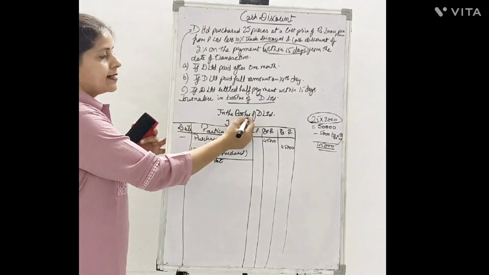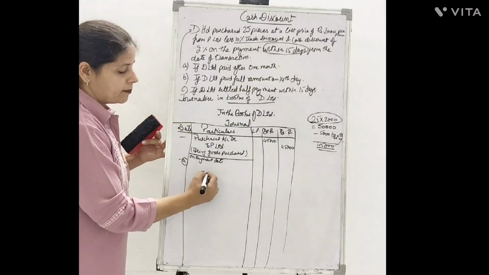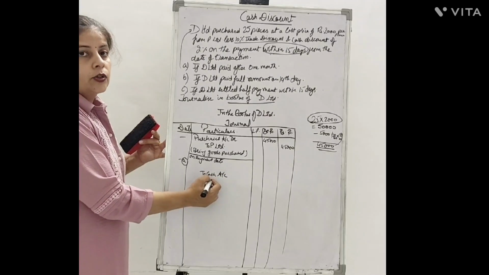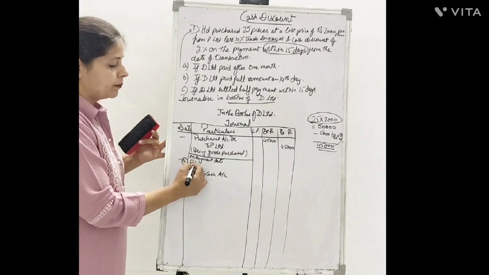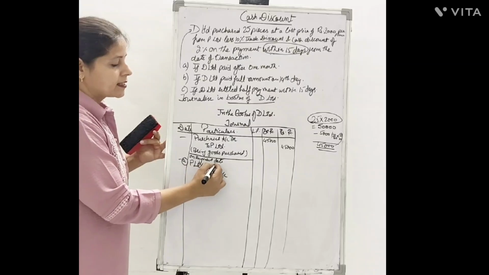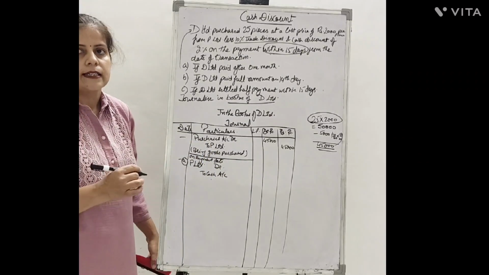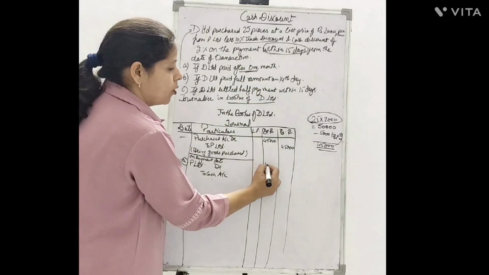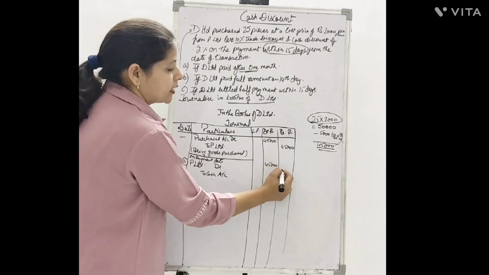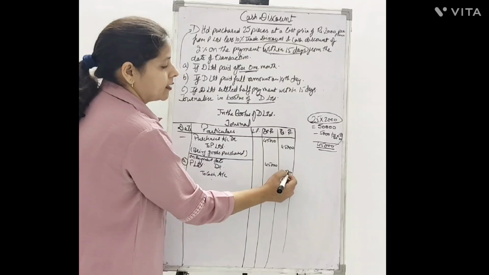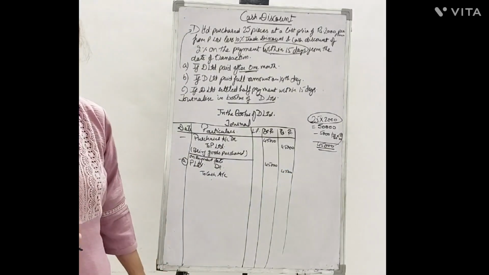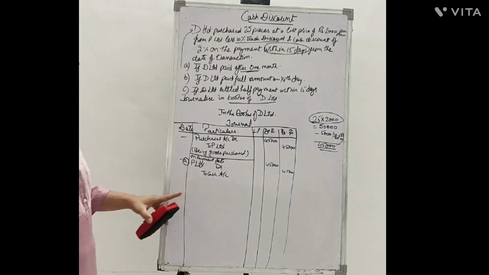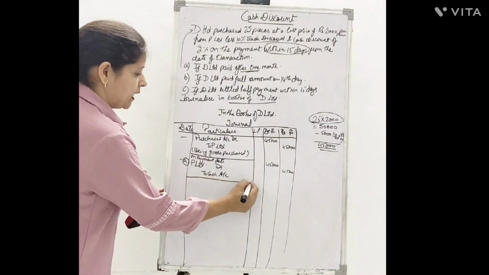When D Limited makes a payment, cash is going out, so cash is credited. To whom is it making the payment? To P Limited. P Limited is the receiver, that's why he is debited. But the payment is made after 1 month, so no amount of cash discount is written here. Cash discount is given only if the payment was made within 15 days.